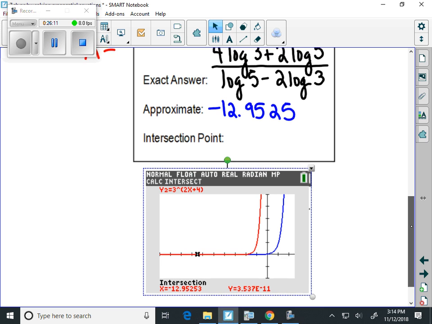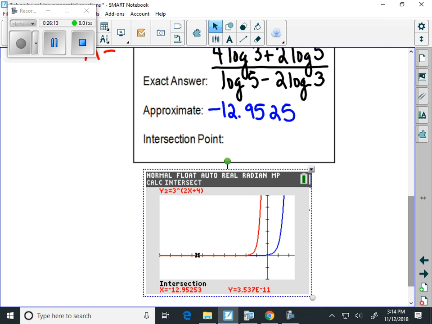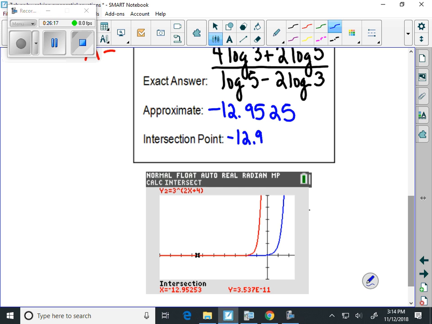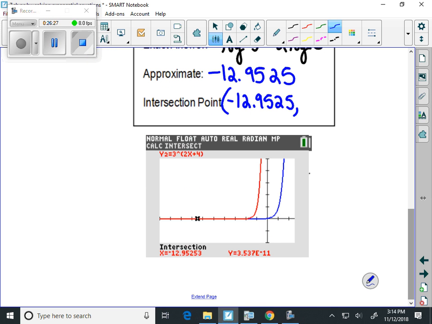One of the reasons why I changed my x values there is I know that it's going to intersect at negative 12.9525, which makes sense over there. And then this number here, 3.537 e to the negative 11, means that there's 10 zeros before the 3.